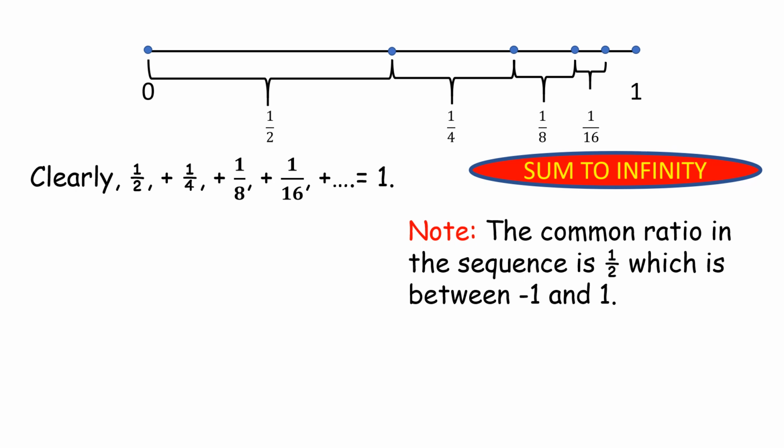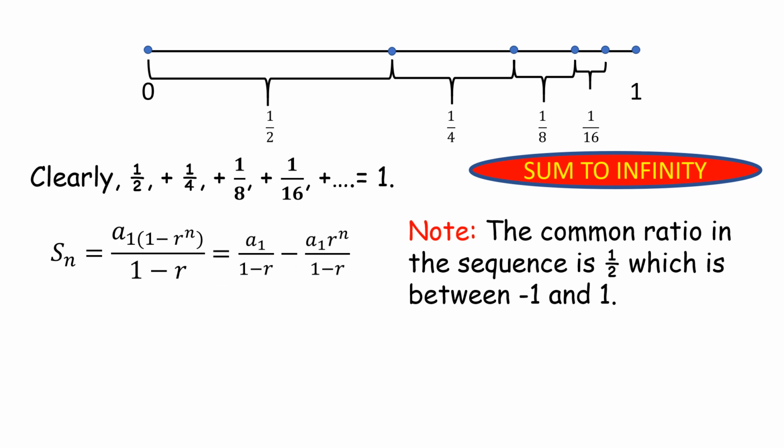So let us recall that S sub n is equal to a sub 1 times 1 minus r raised to n over 1 minus r, which is also equal to a sub 1 all over 1 minus r, minus a sub 1 r raised to n all over 1 minus r.